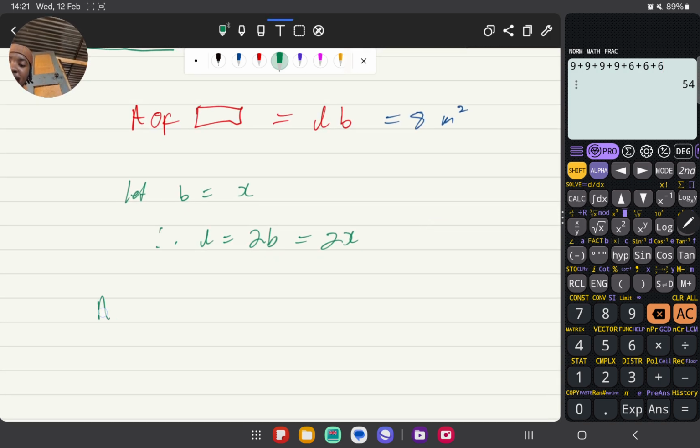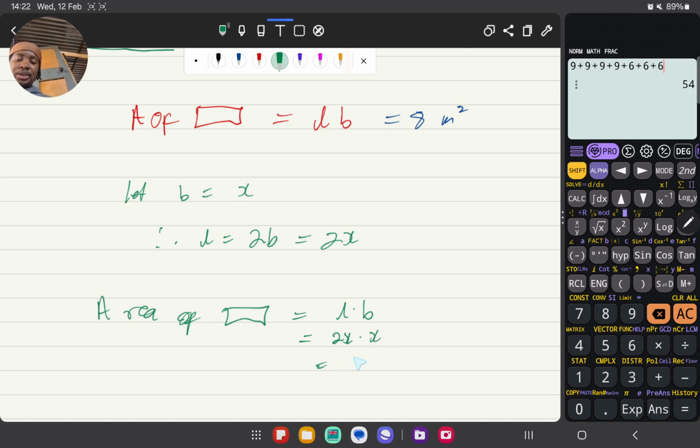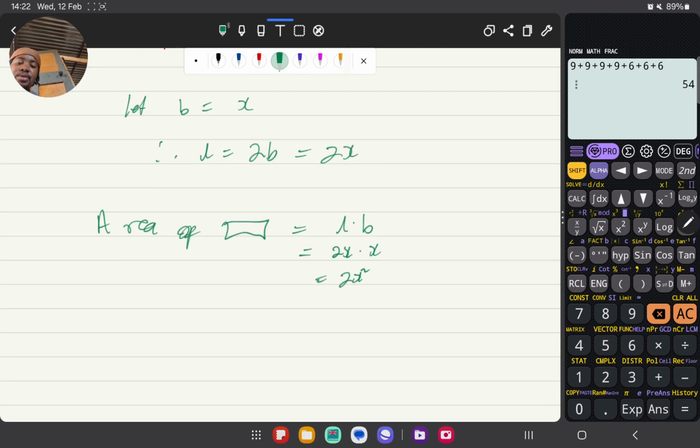So I have an area of a rectangle, which is length times breadth. That is gonna be 2x times x, which is 2x squared, right?